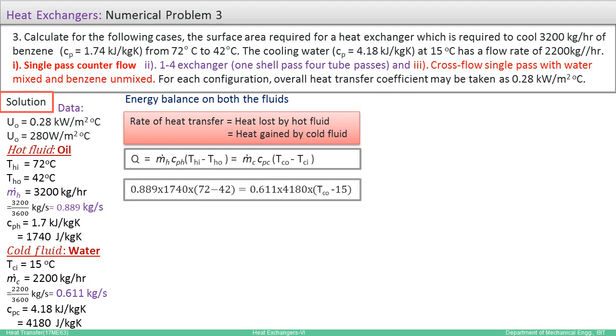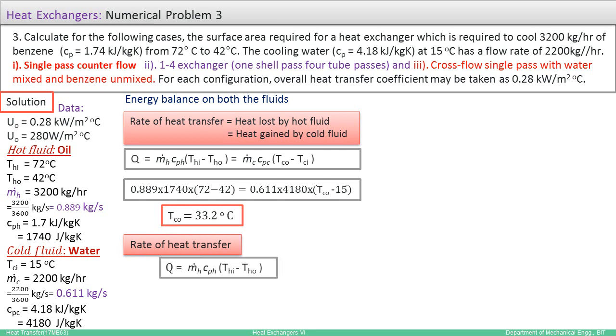First we'll find out Tco, substituting all those values, and we can get the value of Tco as 33.2 degrees Celsius. And if we take only the first two terms, Q is equal to m dot H into Cph into Thi minus Tho, we can also find out what is the rate of heat transfer in this system. So we have Tco and Q found out. Q is 46400 watt.